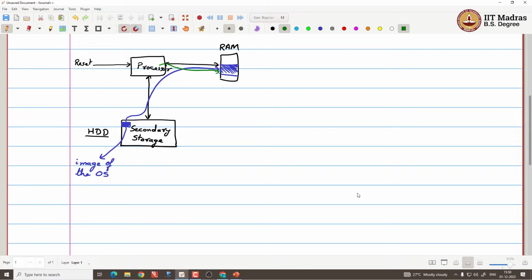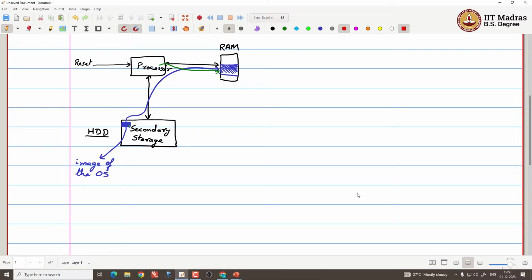So the problem that we face here is that an attacker may be able to, when the system is turned off or when the system is not powered, modify the secondary storage and change the image of the OS.